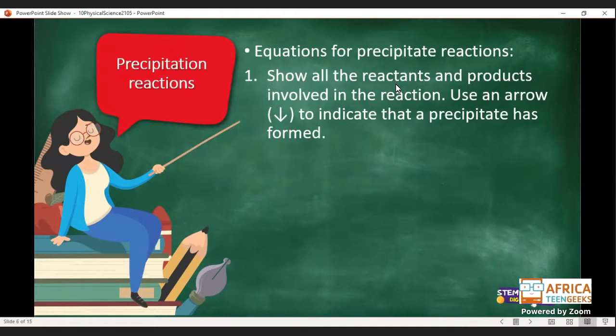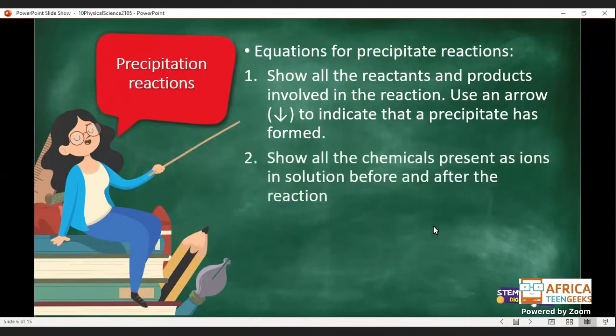Right, so the first one is I just write everything down. All the reactants equals all the products, and I put my state symbols in, and there you go. Now, the second way to do it, which looks really confusing if you just have this way of doing it and you don't realize what comes after, is to write each of the reactants as its ions and each of the products as its ions, except the precipitate.